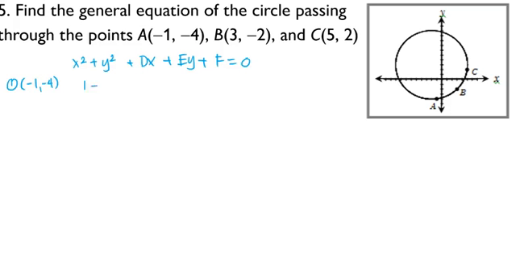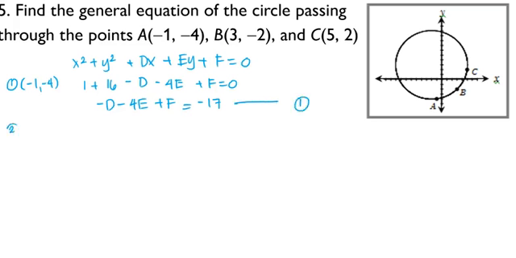So 1 plus 16 minus d minus 4e plus f is 0. So when you simplify this, this becomes minus d minus 4e plus f is equal to negative 17. This becomes your equation number 1.